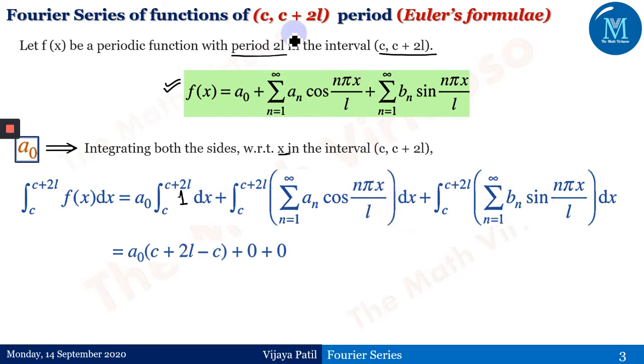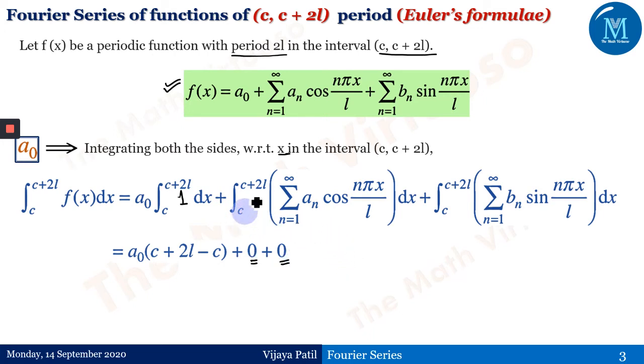This is a periodic function with period 2l, so the function repeats after every period 2l, and that is the reason we get the integration value for the second and third terms as 0.